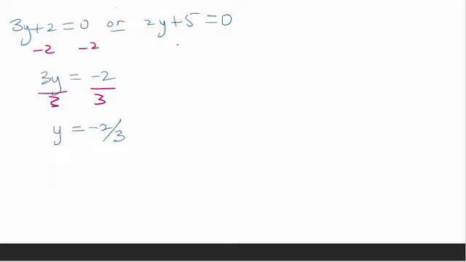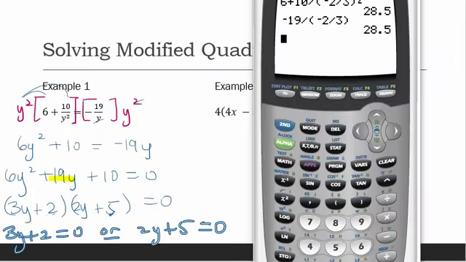Okay, so for the second equation, we would subtract 5 and get 2y equals negative 5, and then divide by 2. So y is negative 5/2.